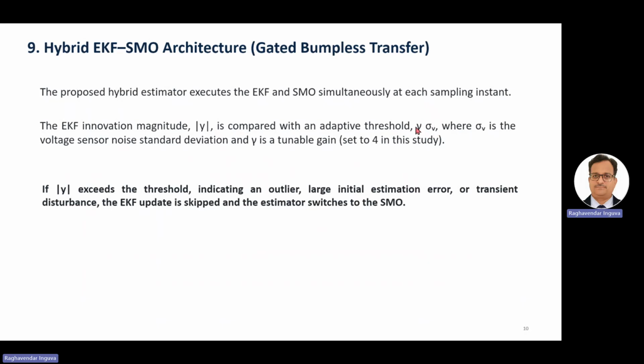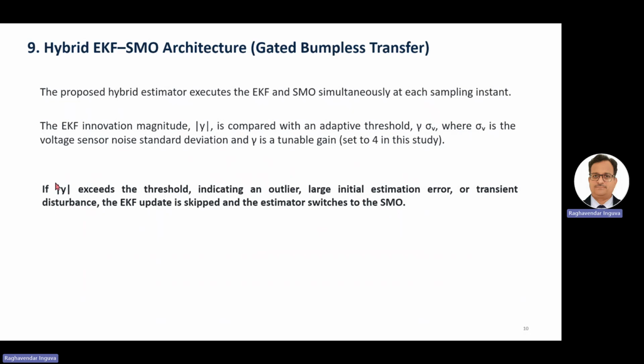This is the threshold with which mod y is always compared. If mod y exceeds the threshold gamma rho v, it indicates an outlier. That means it is significantly crossing the threshold. Then the EKF update is skipped, and we will use SMO.